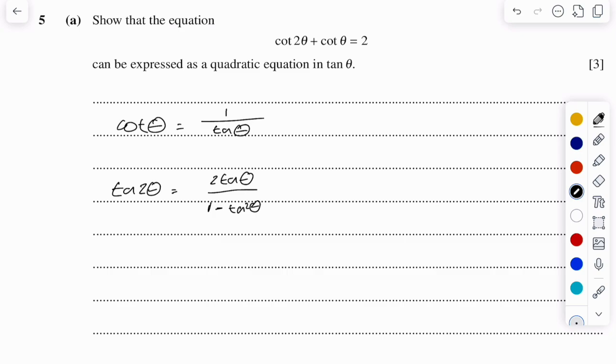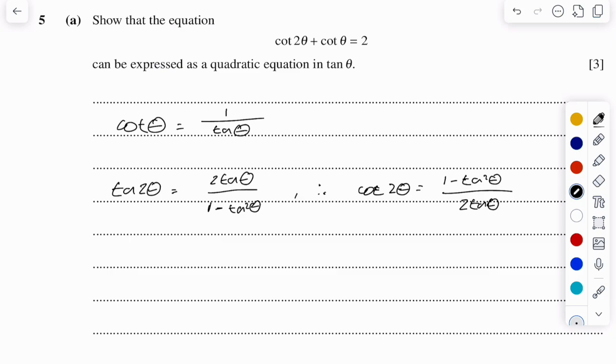Well, what that means is we can therefore say that cot 2 theta is equal to 1 minus tan squared theta over 2 tan theta, right?